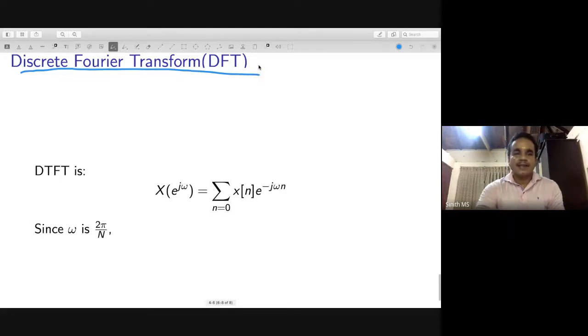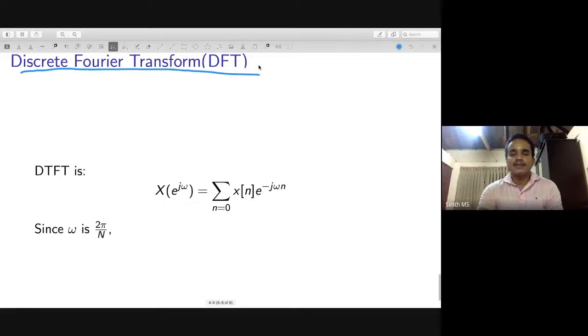So discrete time Fourier transform is the frequency domain representation of xn. We know that xn is discrete, so the discrete time Fourier transform will be periodic. So we just need one period. In one period also you don't need all the continuous values. You sample it, or you just take some samples. So those samples become the N-point.